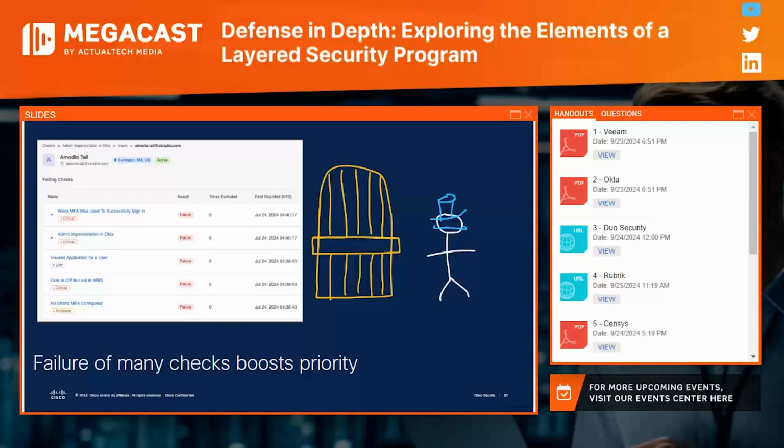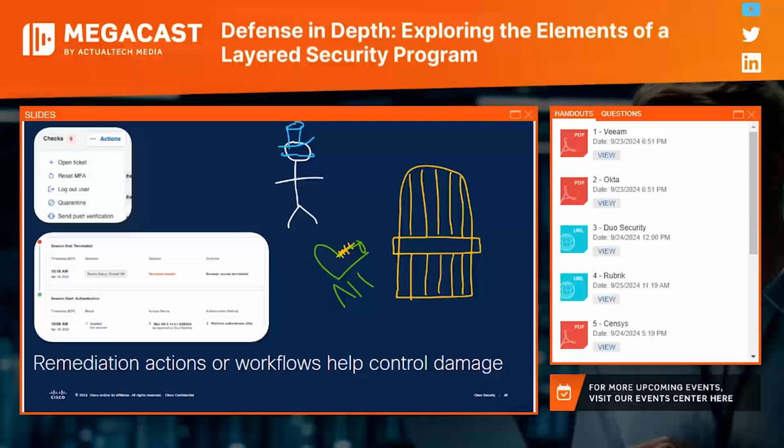But this is the idea that you can really quickly detect that they've made it through. You see things like admin impersonation in Okta, or a weak MFA was successfully used to sign in, or there are a variety of different things that might alert you to the presence of somebody inside your environment, and really quickly take a remediation action to boot them out.